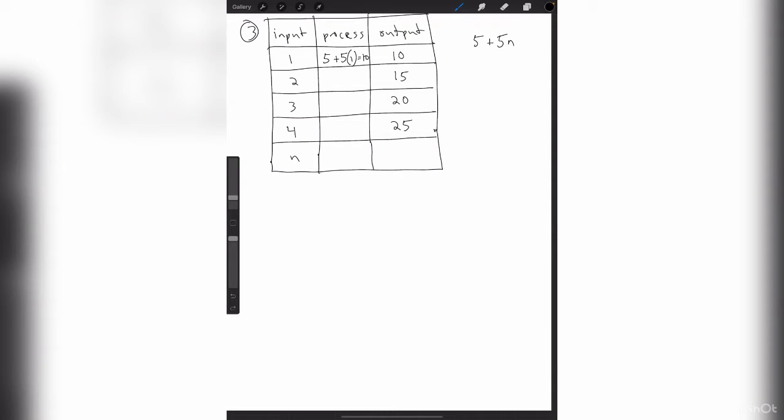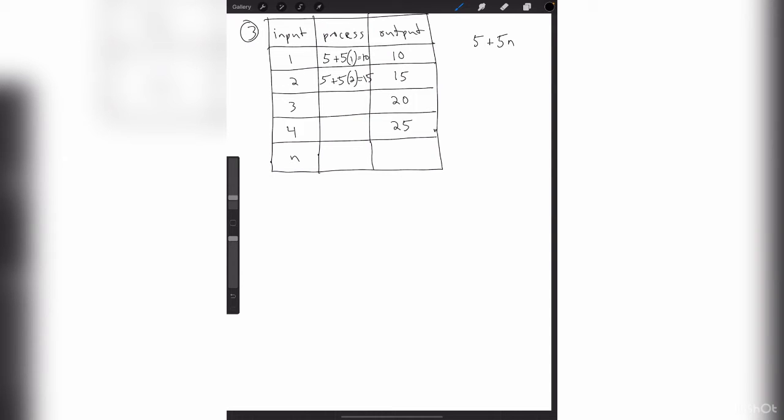Okay, so I put the 1 in that location right there because that was my input. So I start with 5 in the very beginning, and then I say 5 plus 5 times 2. 5 times 2 is 10, plus 5 is 15, and that's how I got 15.